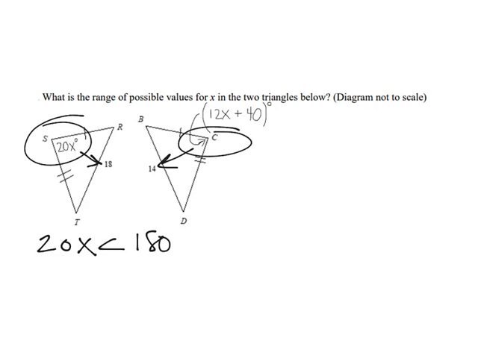20 times x is less than 180, which means x has to be less than 9. We'll do the same thing over here on the other one.